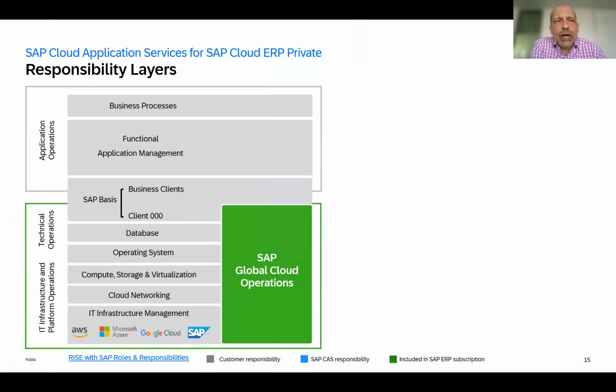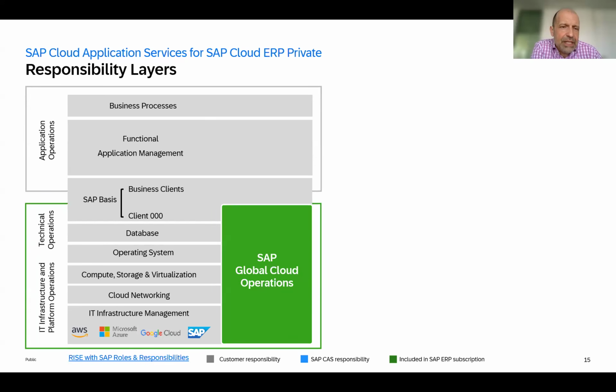When you work with SAP, you always have to agree on the responsibilities and roles which are involved. And in this case of the Cloud ERP Private solution, normally the Global Cloud Operations take care of the full infrastructure stack.